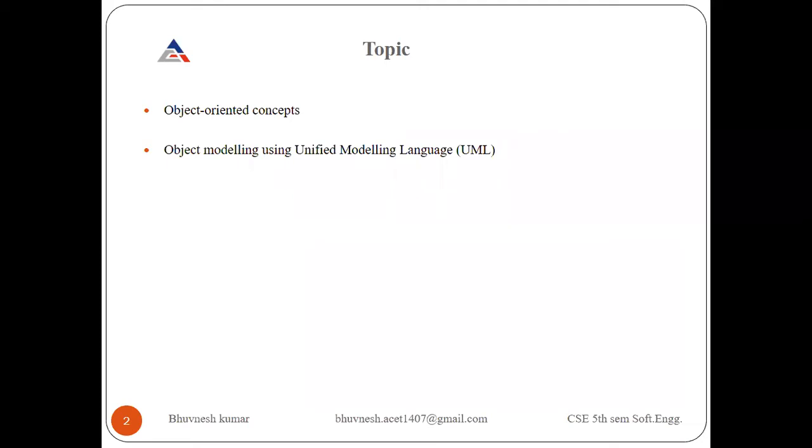In this, the same tool, Microsoft Visio, can be used to draw these visual diagrams using the object oriented concept. So the language used is not a programming language, it is a visual language, and the name given to it is Unified Modeling Language.